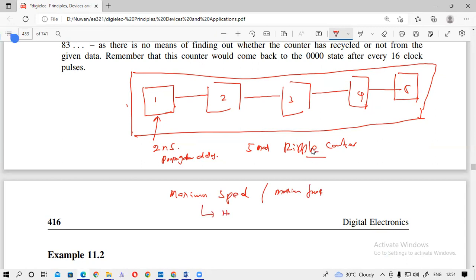How many maximum counts per second? That is the maximum speed, the counting speed, or we can say it is the counting frequency. So what is the maximum speed or maximum frequency? Please tell me the answer.